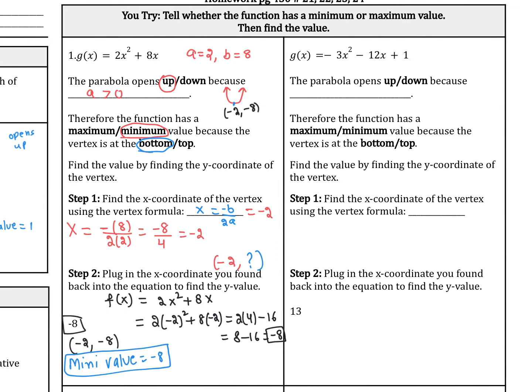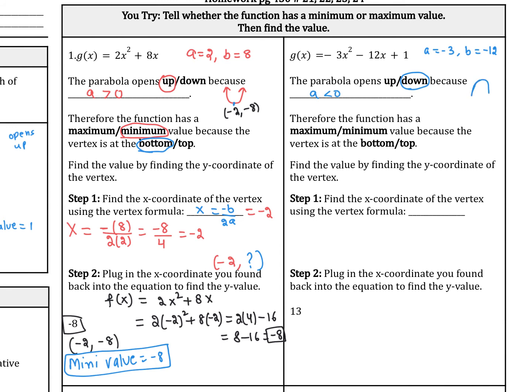Next is g(x) equals negative 3x squared minus 12x plus 1. In this case, you have a equals negative 3 and b is negative 12. The parabola opens down because a is less than 0.